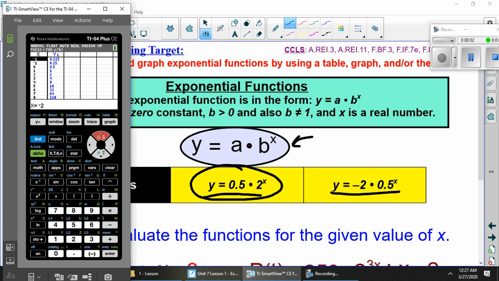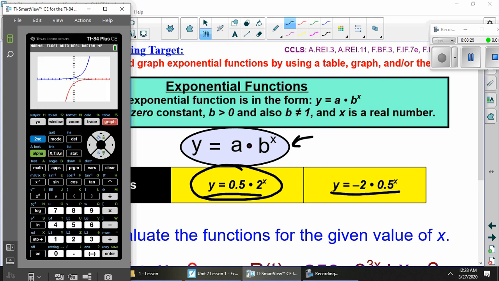So this matches exactly what the graph is. All right, so if you go back to the graph, you've taken a look at it. And that's it. So press Y again and input that second one in, -2 times 0.5 to the x power, and graph it.